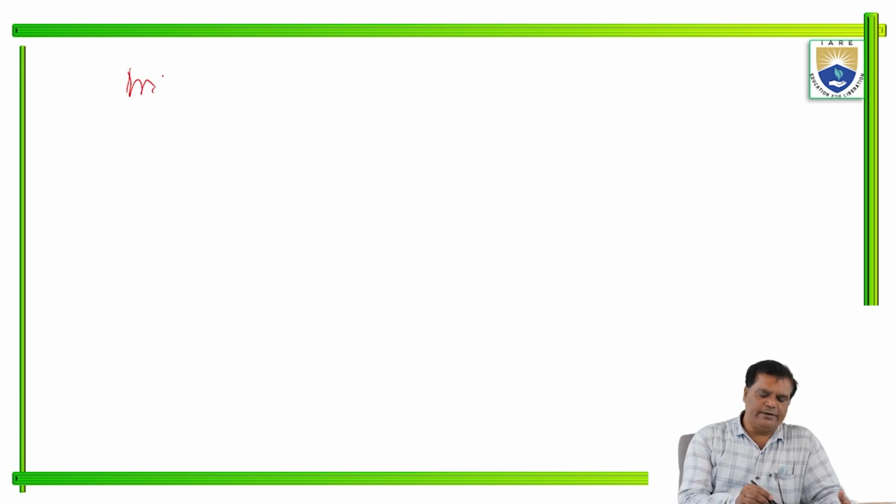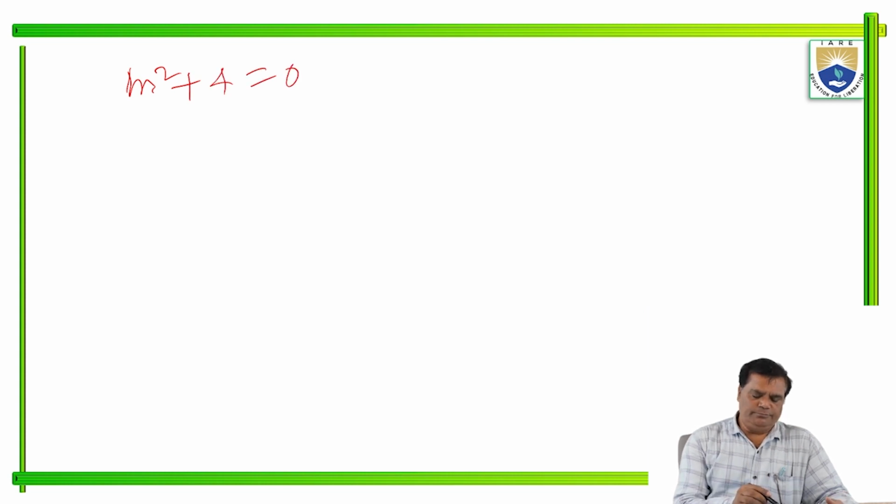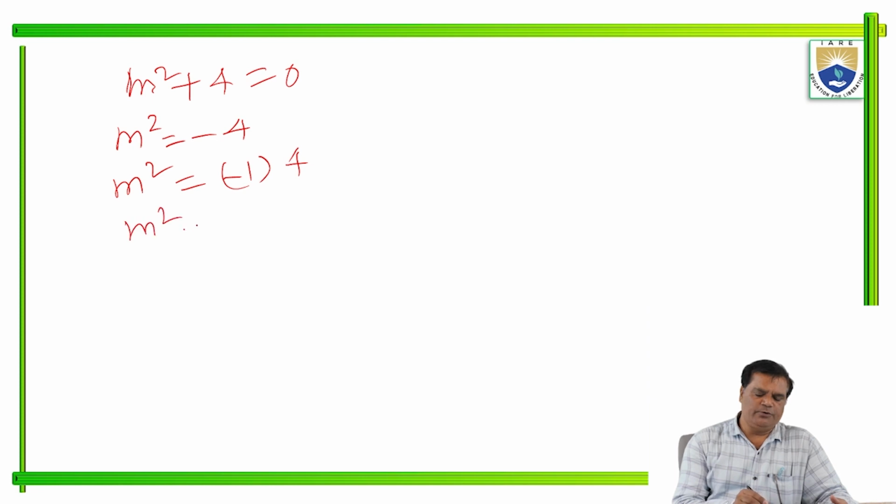So m square plus 4 equals 0. So m square equals minus 4. M square equals minus 1 into 4. M square equals i square into 4, because i square equals minus 1.